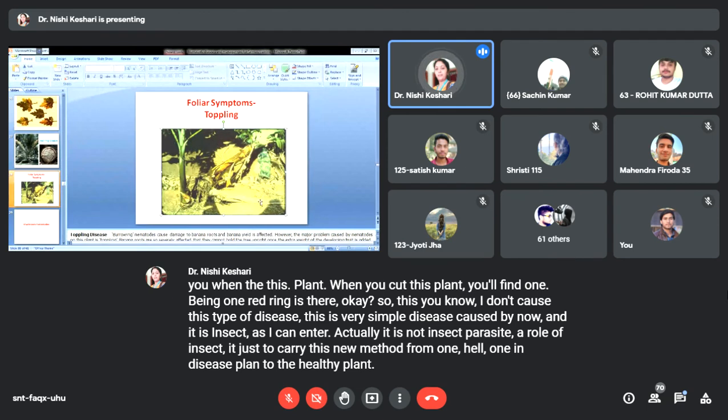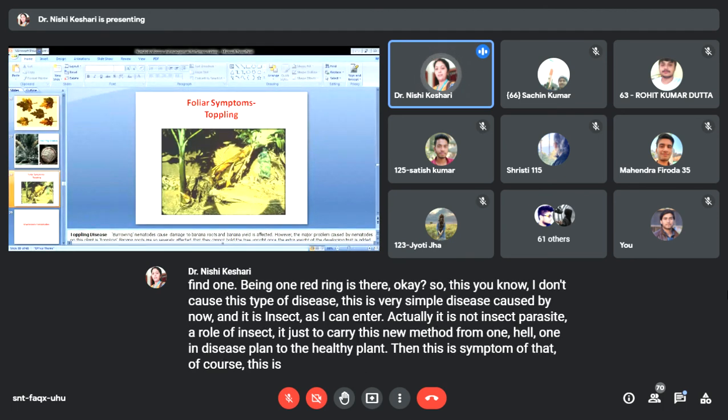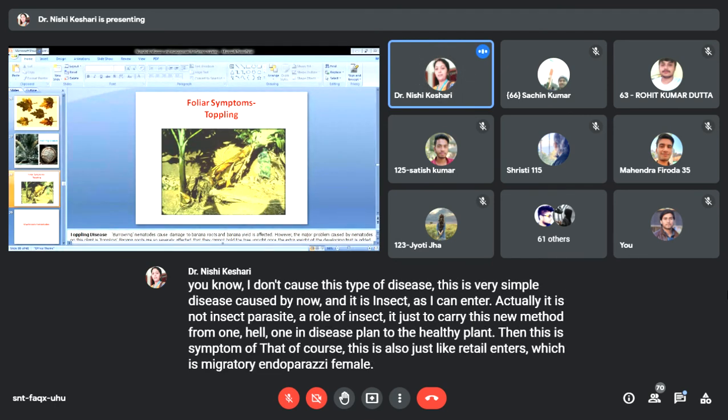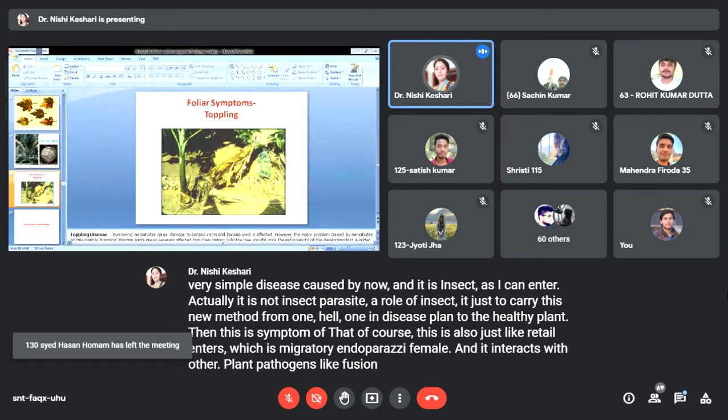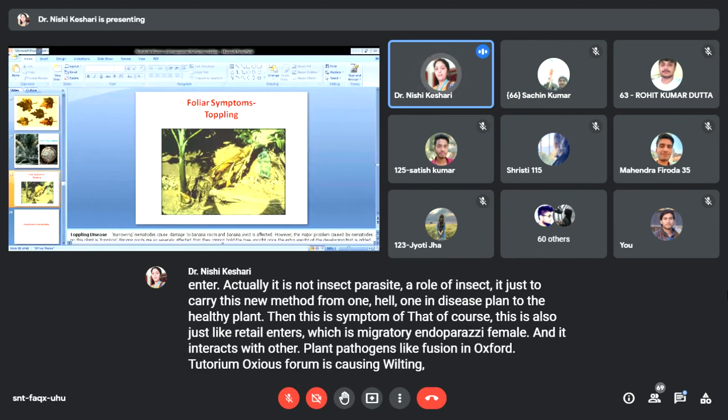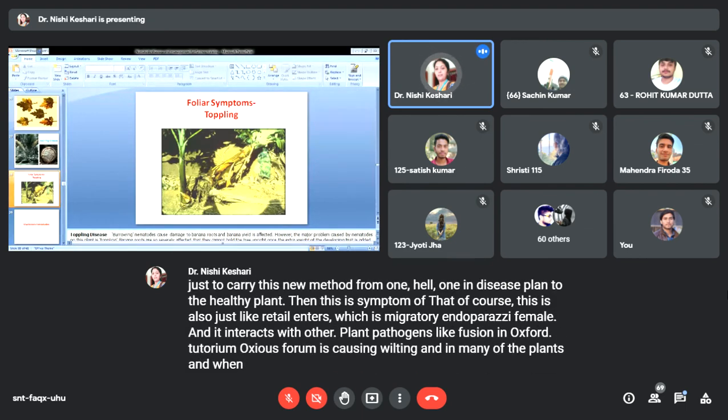Then this is the symptom of Radopholus similis. Radopholus is also just like Pratylenchus, a migratory endoparasitic nematode, and it interacts with other plant pathogens like Fusarium oxysporum. Fusarium oxysporum causes wilting in many plants, and when it interacts with nematodes, plant parasitic nematodes have stylets.